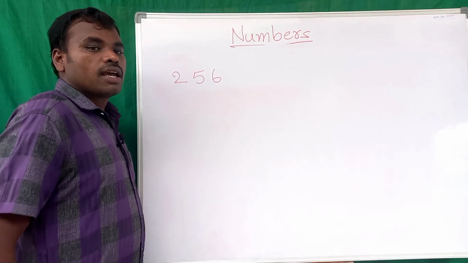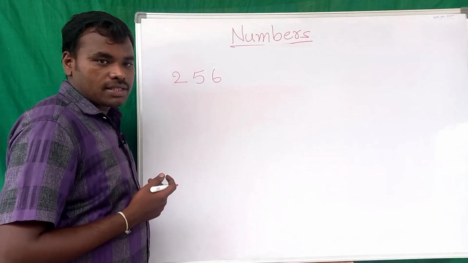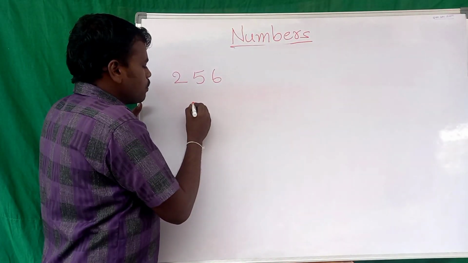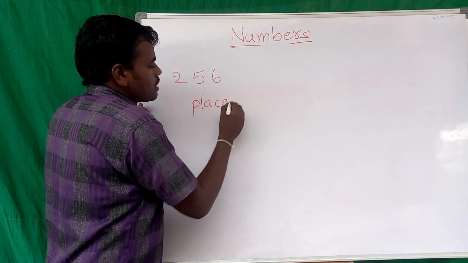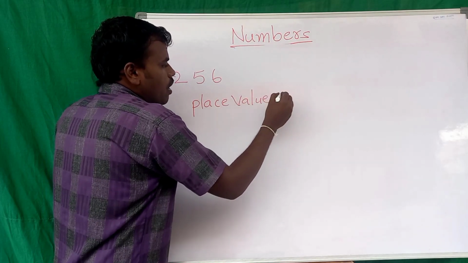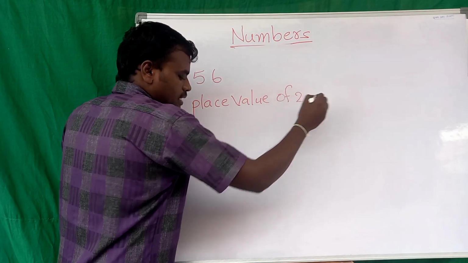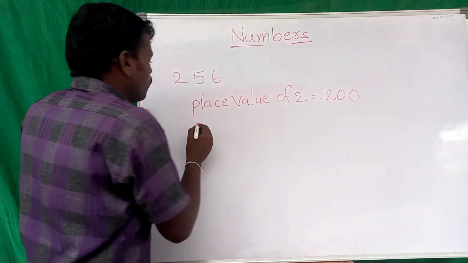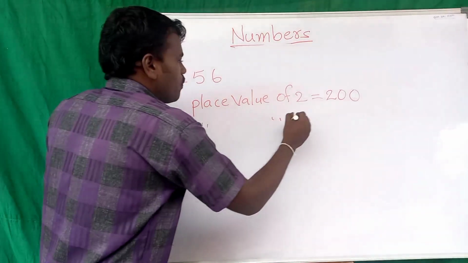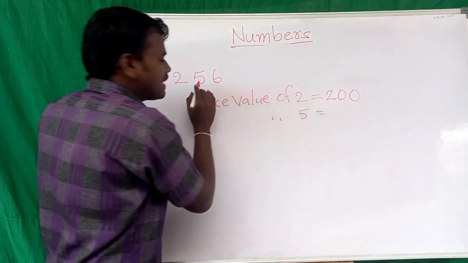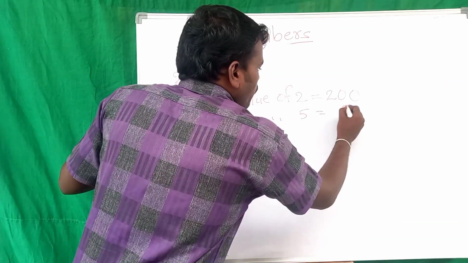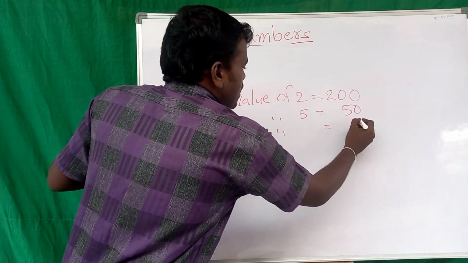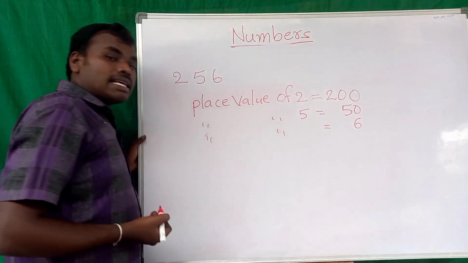Now my dear students, this is 256. We write its place value first. The place value of 2 is in the hundreds room, so we write 200. The place value of 5 is in the tens room, so it is 50. The place value of 6 is in the ones room, so it is 6.